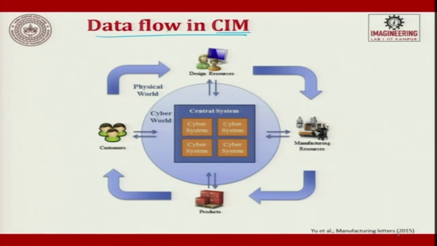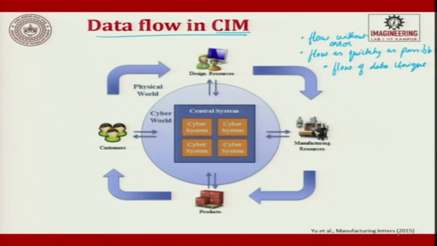When I try to flow the data, what are the major things? I should flow data without error. I should flow data as quickly as possible. The flow of data should be unique, that means it should not add anything else while the data is getting transferred.